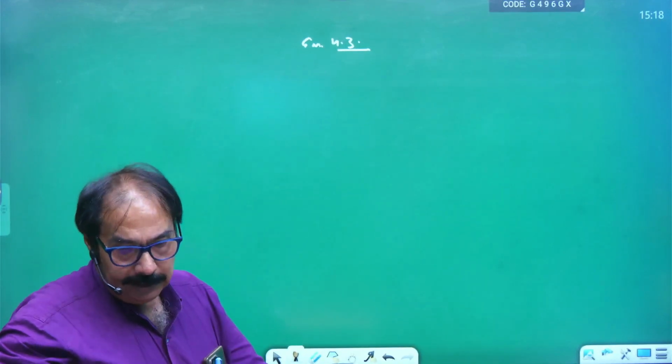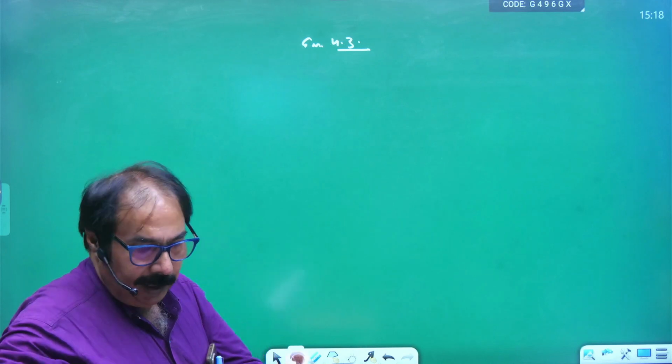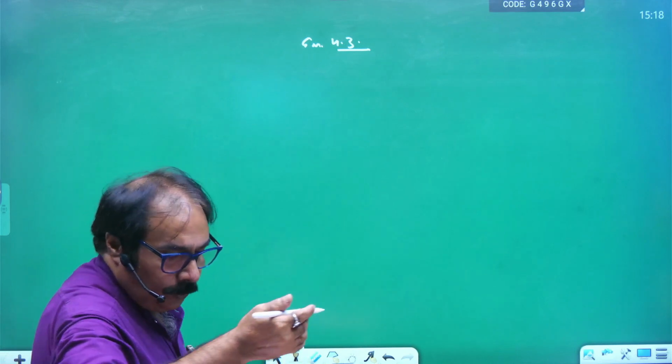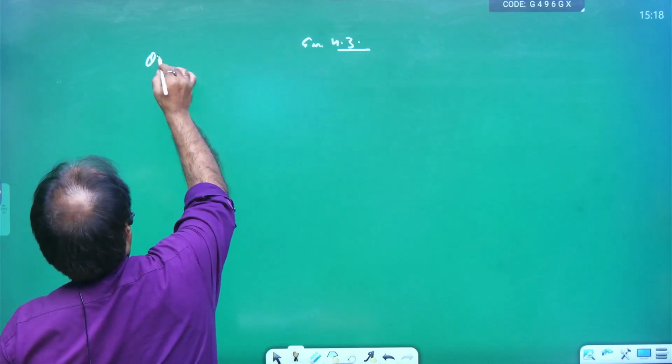The second question says: find the value of k for the following quadratic equations if they have equal roots.